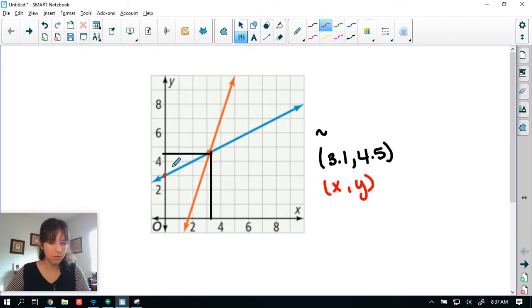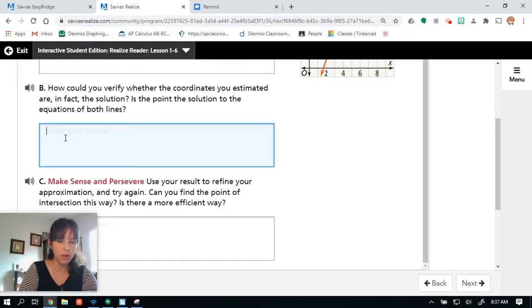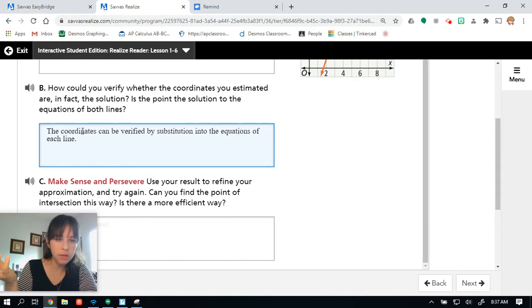Let me move this out of the way so I could type. So you guys could type this in your notes as well. Can be verified by substitution into the equations of each line. And when we substitute it into those equations of each line, what we're looking for is we're going to substitute the x value in, and we're going to see if our y values are the same.